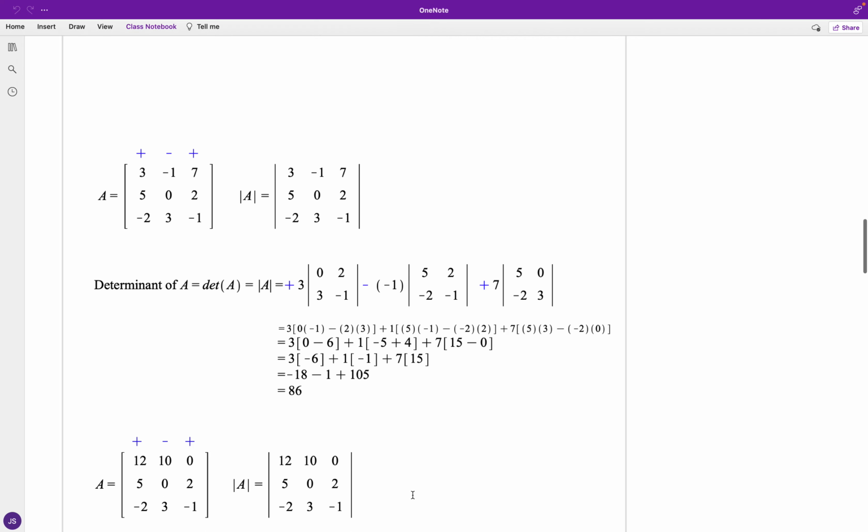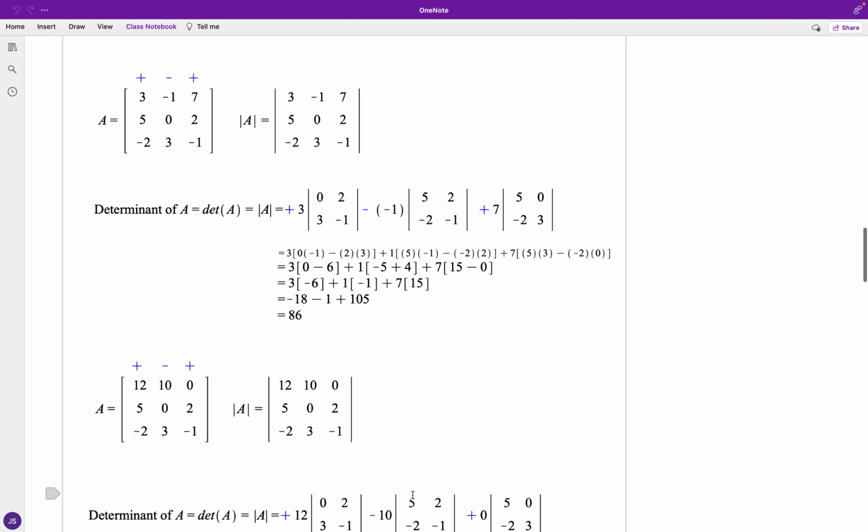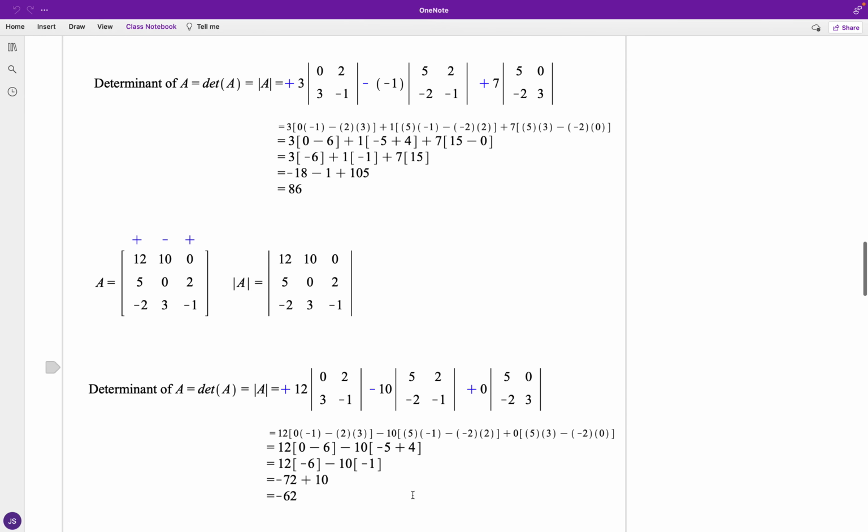Let's say I have another 3 by 3 matrix, with the top row different this time. The middle and bottom rows will stay the same. So the top row changes over to 12, 10, and 0. For the value of the determinant, we look at 12 times the minor of the first row and first column.